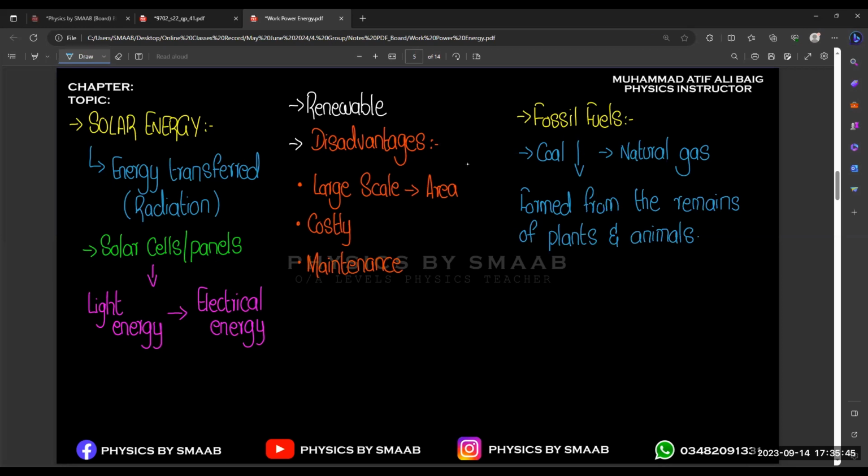So this is the basic natural cause of how fossil fuels are produced.